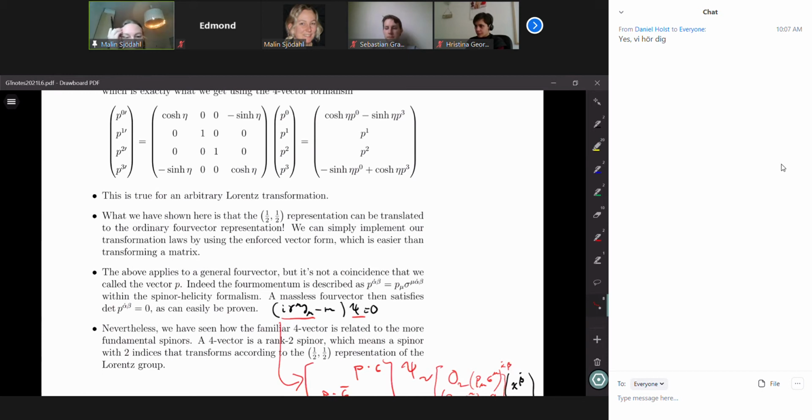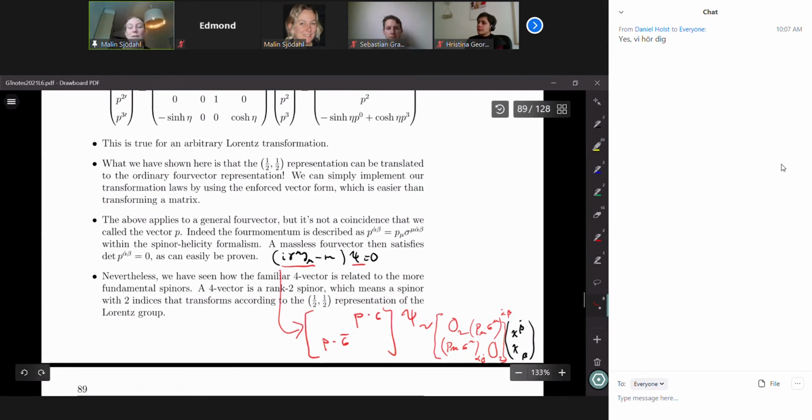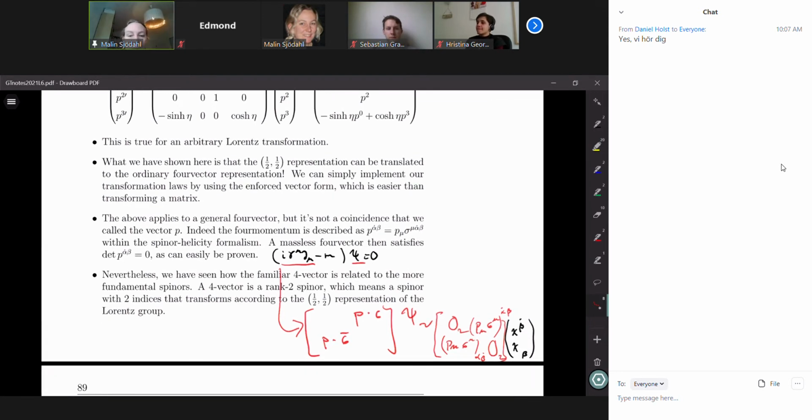Indeed, this is why I call it P. Of course, momentum is a 4-vector, and so it can be seen in this form, and transformed this way as other 4-vectors. But what is probably not known to many of you at all is that we can also use this form in the Dirac equation. So I'm not assuming that you know the Dirac equation, but I know that many of you do.